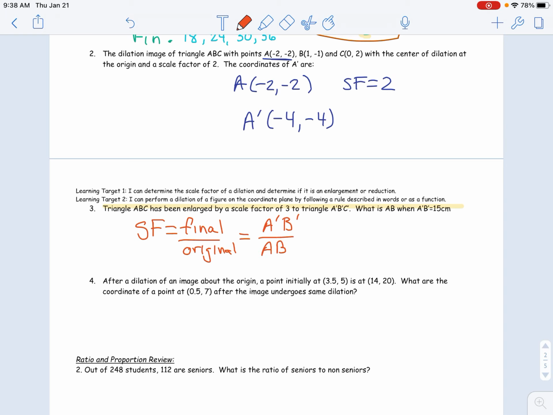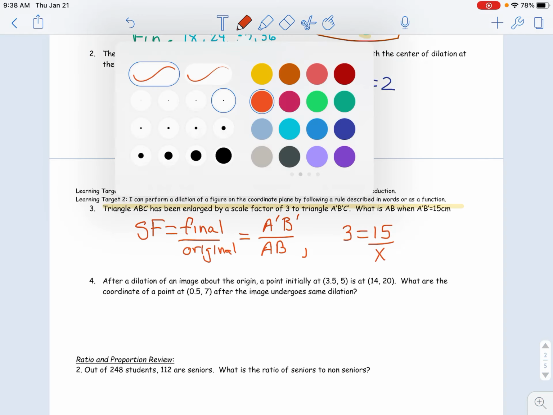All right, so that's how, in general, you calculate the scale factor. In this particular case, the scale factor is 3. A prime, B prime is 15. Well, what's AB? And I'm going to rewrite AB to simplify things as just x. Now, how do you go about solving this?